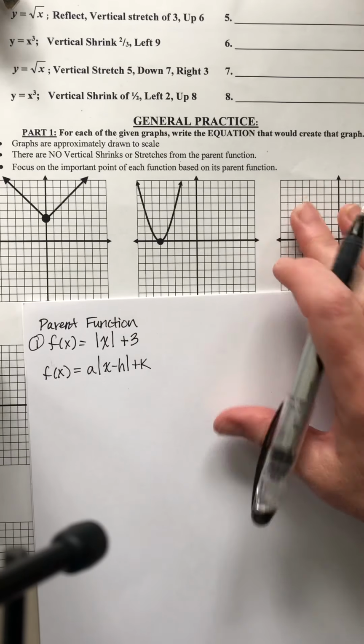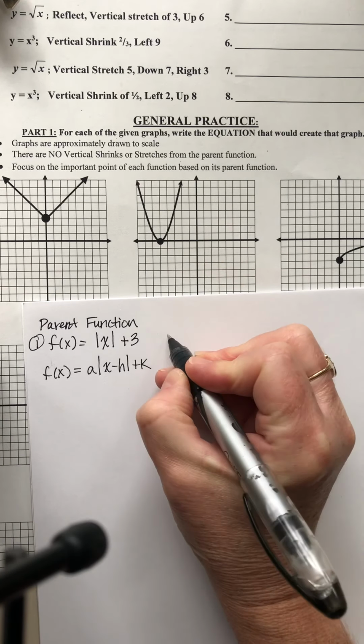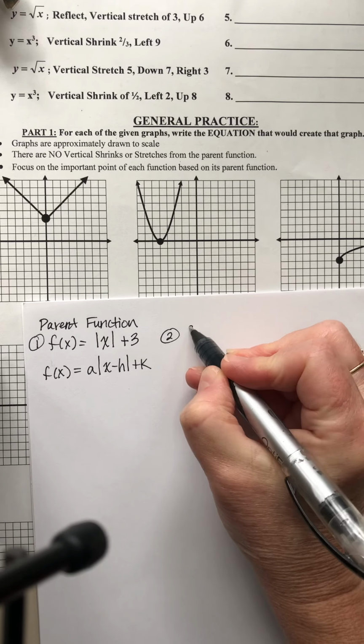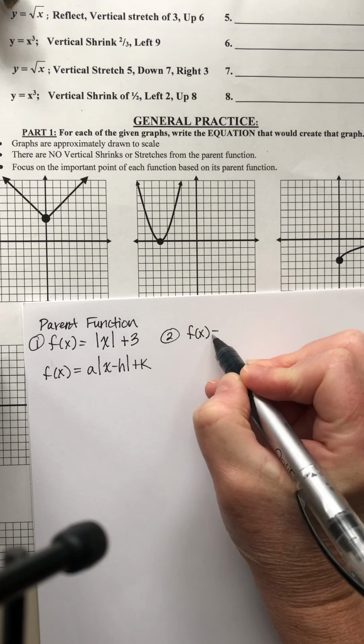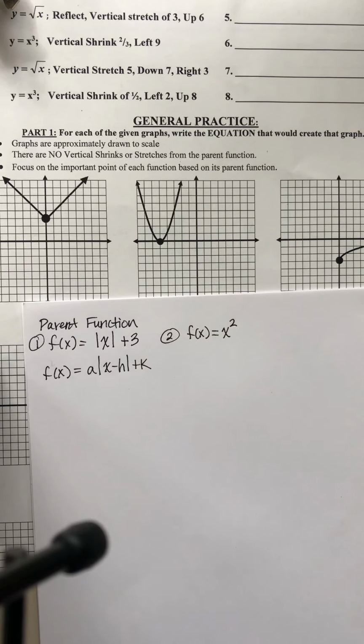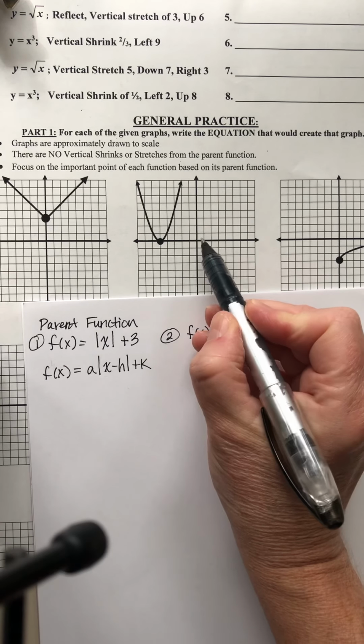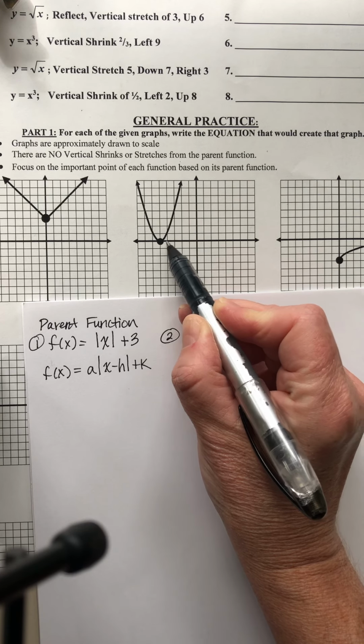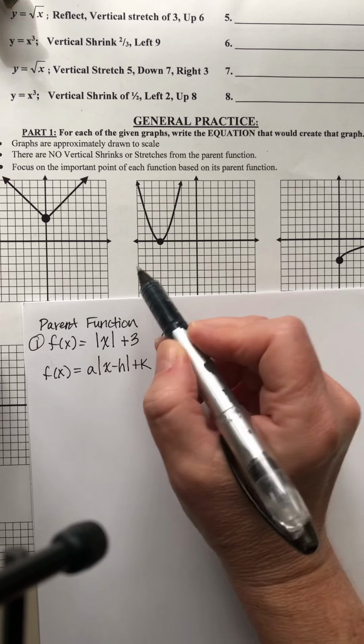Now let's look at the second graph right here. The second one, this is a parabola, so I know that it's a quadratic. And so I'm going to put f of x equals x to the second power. However, it has been moved. Again, it would be at 0, 0, and it's been moved 1, 2, 3, 4, 5 places to the left.